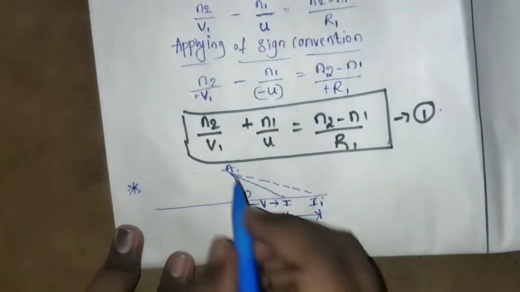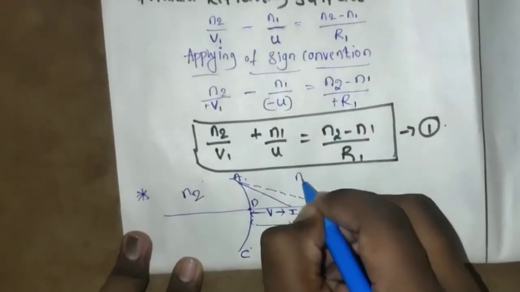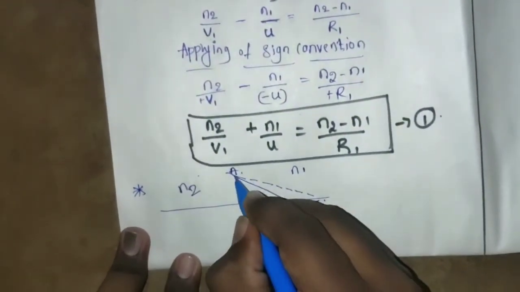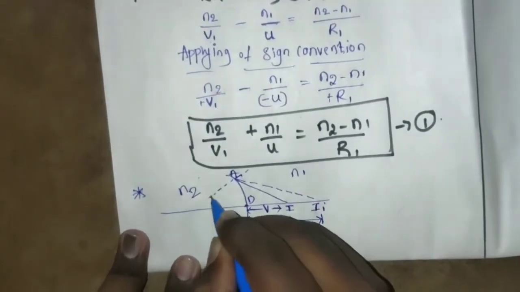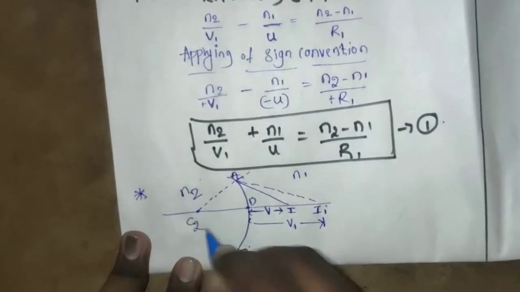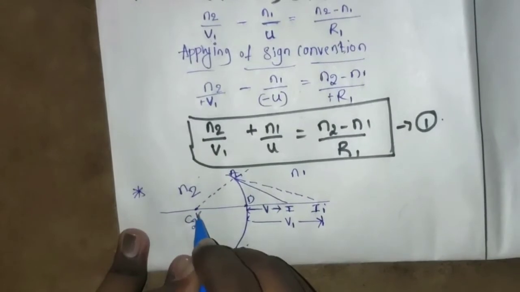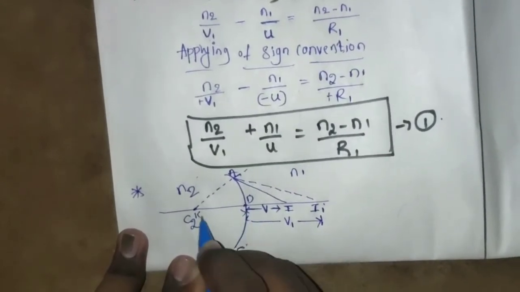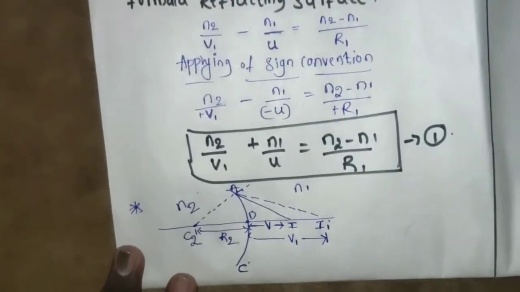See here, next the medium is N2 and this medium is N1. Now I will draw one more normal to this surface, and this normal meets on the principal axis, that meeting point or center point of this surface is C2, and the distance measured from D to C gives R2, that is radius of curvature.